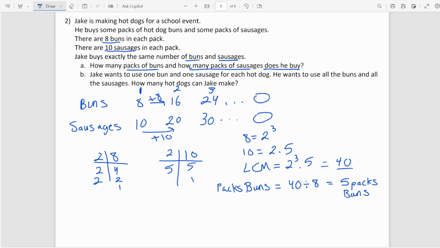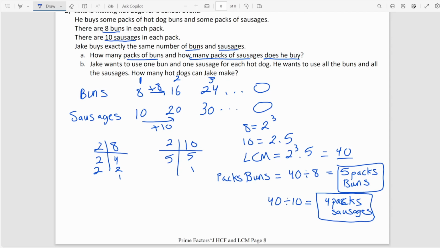This is the answer right here. Now for the sausages, each pack contains 10, so dividing this by 10, we get 4 packs of sausages. This is the answer right here, and it makes sense. If you get 4 packs of sausages, you will have 40, and 5 packs of buns, you will have 40 buns.